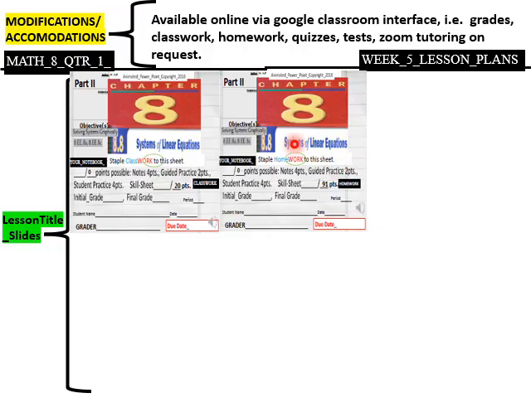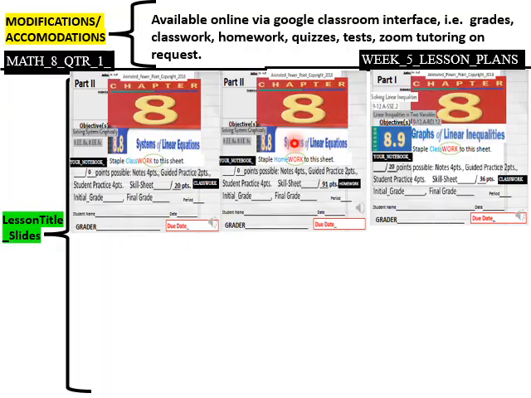And then we go into 8.9. 8.9 part 1 classwork is 36 points. And then we have 20 points of note-taking for 8.9, graphs of linear inequalities. And then we have all these standards here.